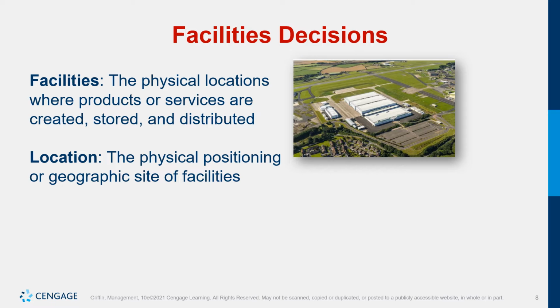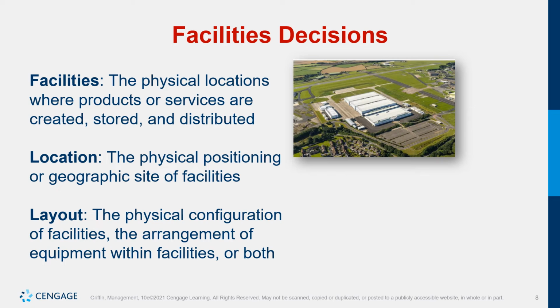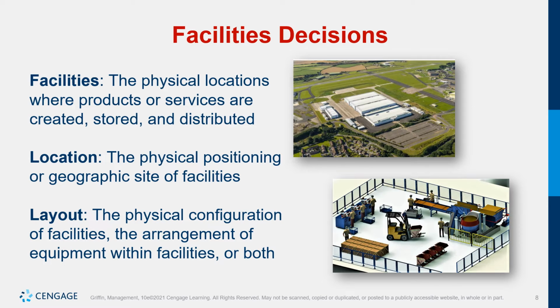Location is determined by what amenities, for example railroads, airports, etc., or customers, like mall shoppers or downtown shoppers, must be near to the facility, as well as what coincides with its organizational strategy. Layout is the choice of the physical configuration of the facilities, the arrangement of equipment within the facilities, or both.